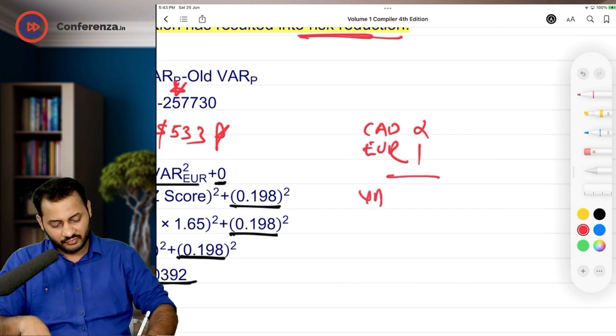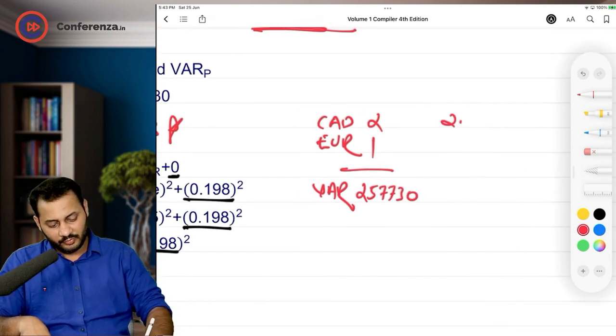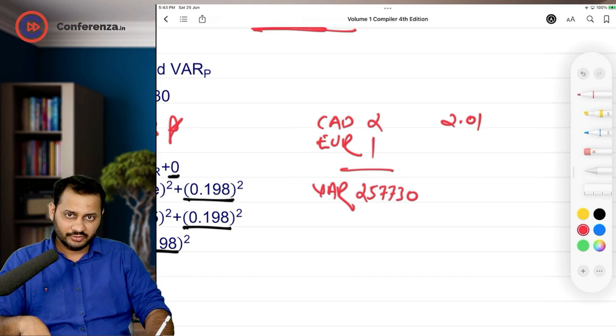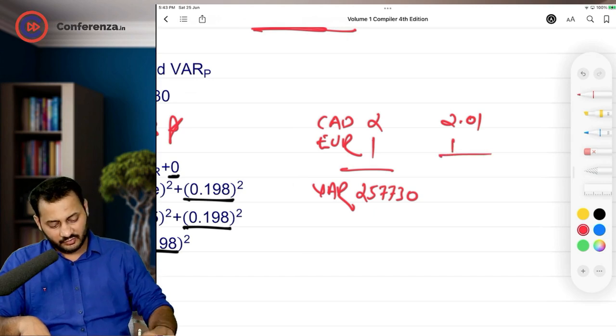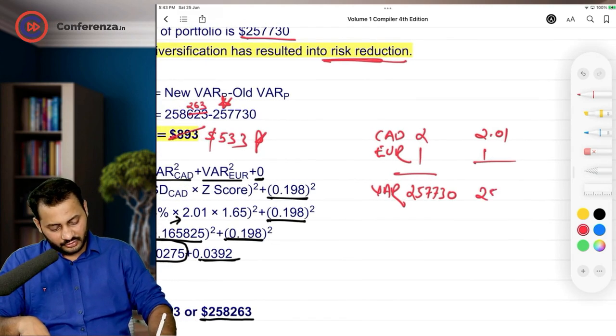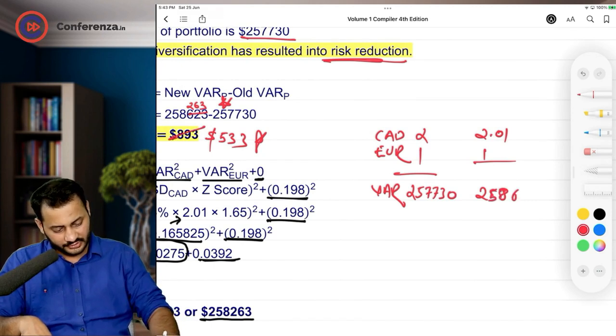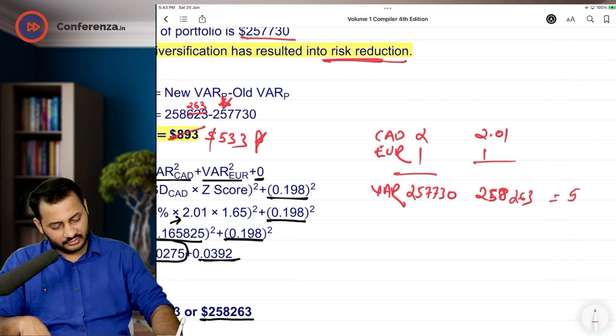At that time, the VAR of the portfolio was 257,730. But the moment you increase the Canadian dollar position by 10,000, the VAR of the portfolio changes to 263. And there is an increment of $533.